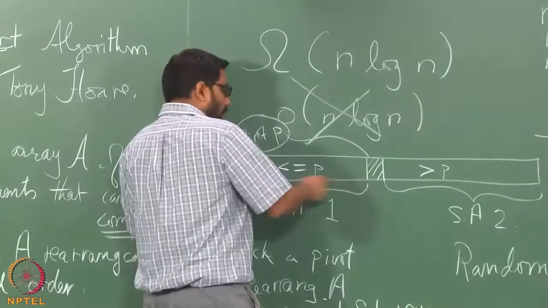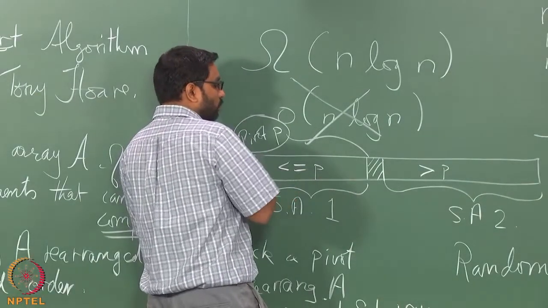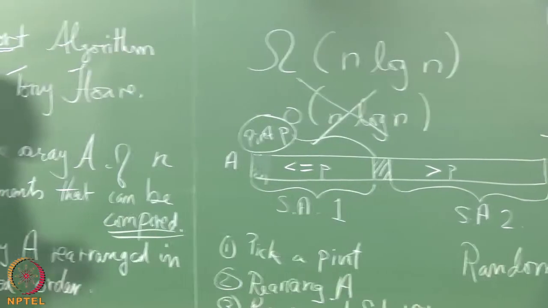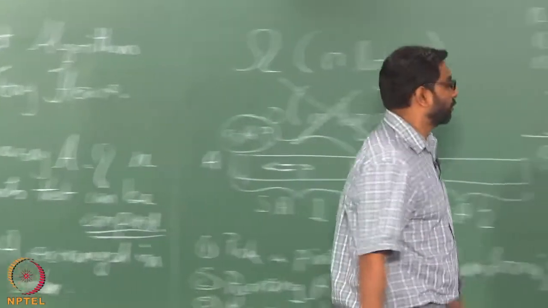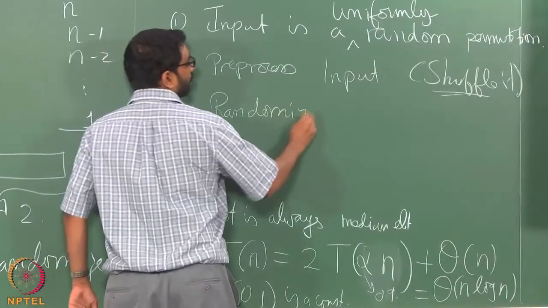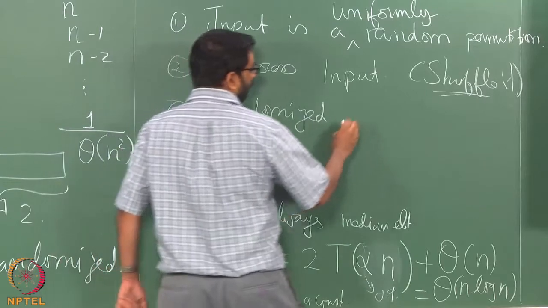And then when you get to the sub-problem, these are your options for the potential pivots. You choose one uniformly at random. At each recursive step, you choose a pivot uniformly at random. That's randomization within the algorithm.